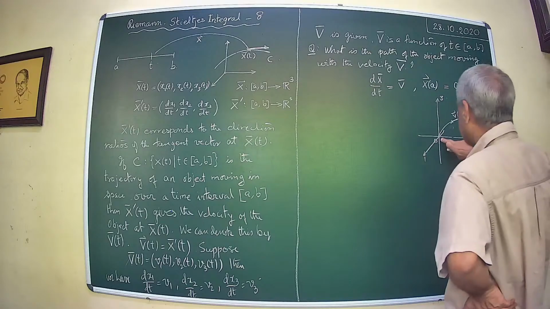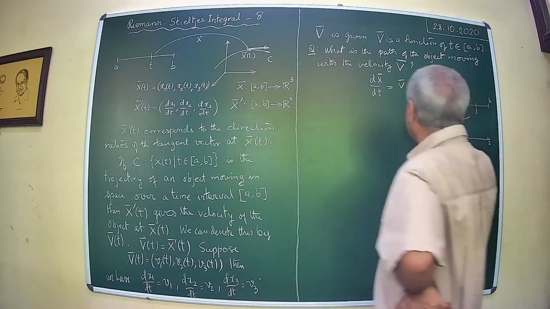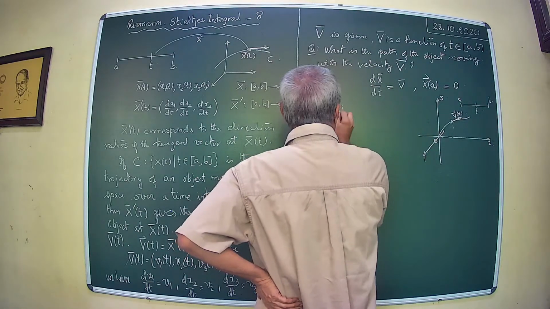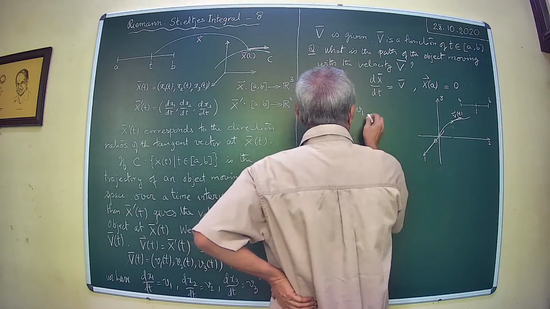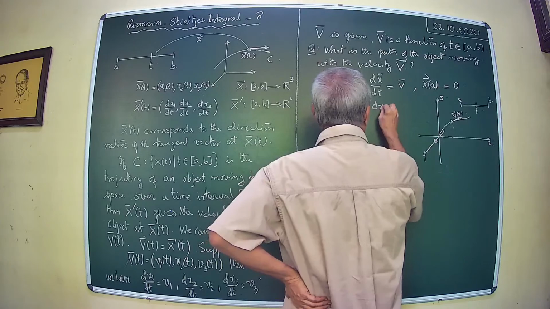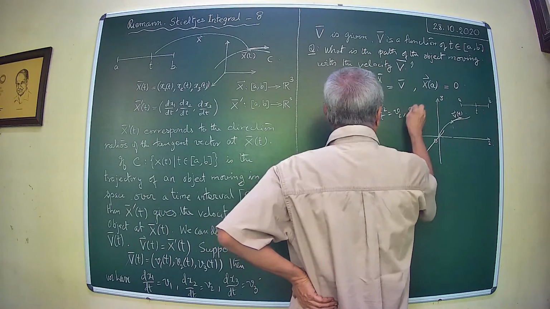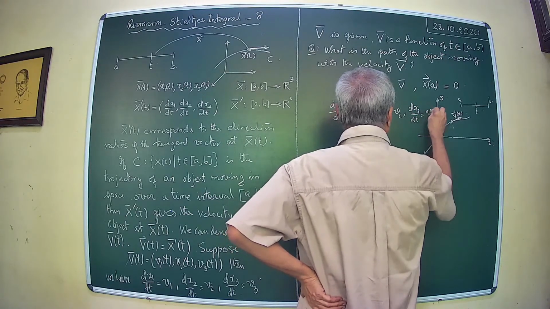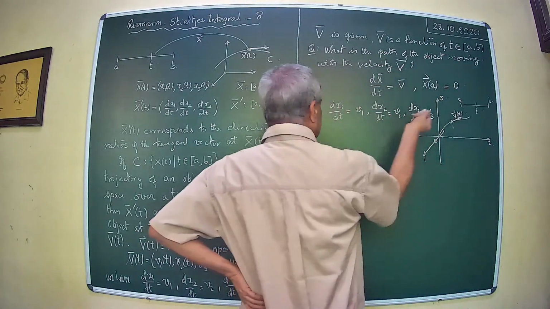If you were to start from 0, so what you have is a very, very simple system of equations. dx1 by dt equal to v1, which is a function of t, dx2 by dt equal to v2, dx3 by dt equal to v3. Just integrate it. So simple.